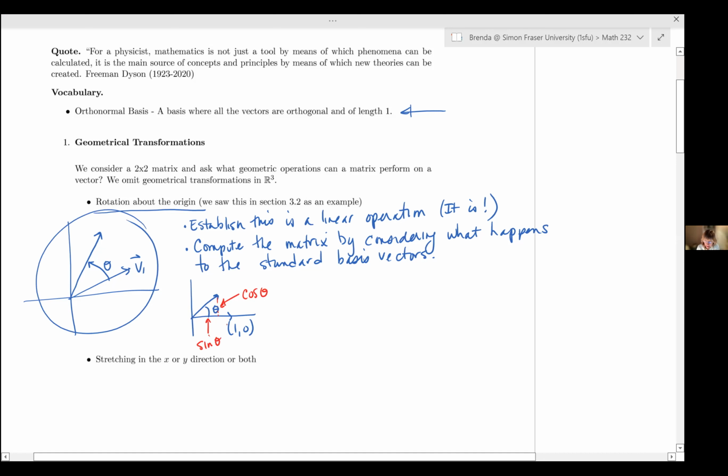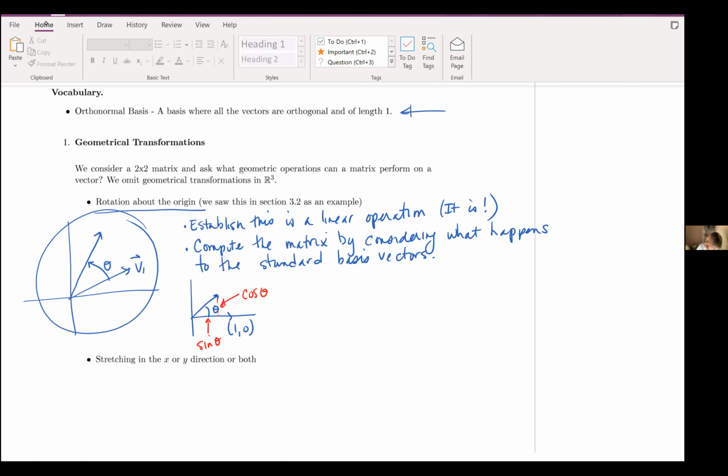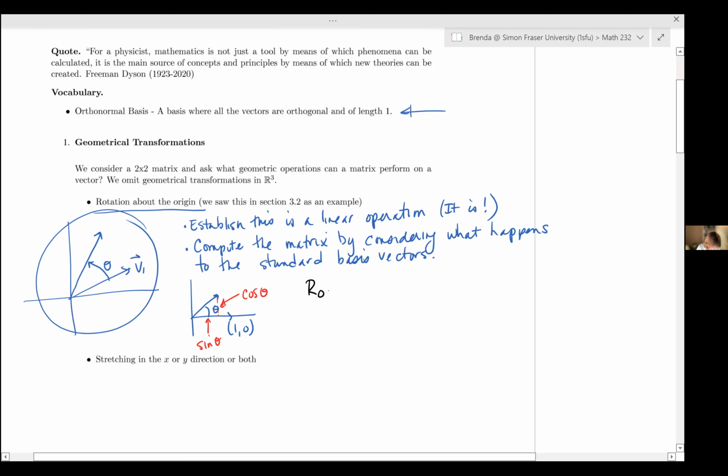Okay, so that allows us to easily say what the terminal point of the rotated vector is. So we'll write that in this manner: R of rotating by theta, rotating the vector 1, 0, we get out the vector cos theta, sine theta.